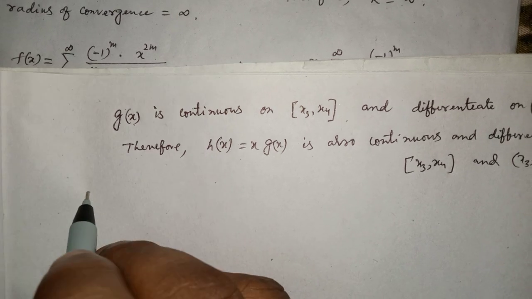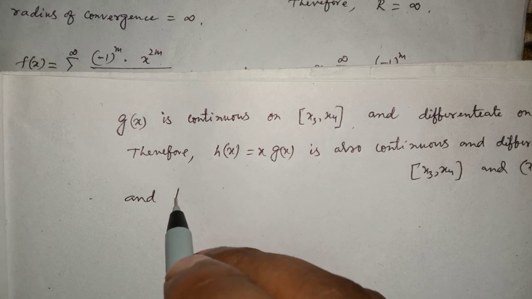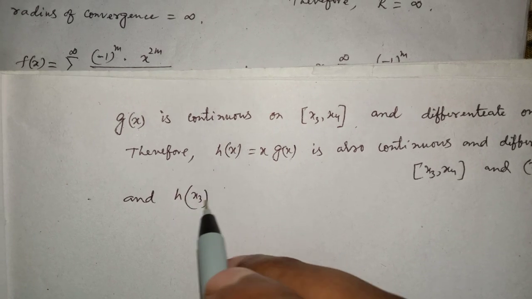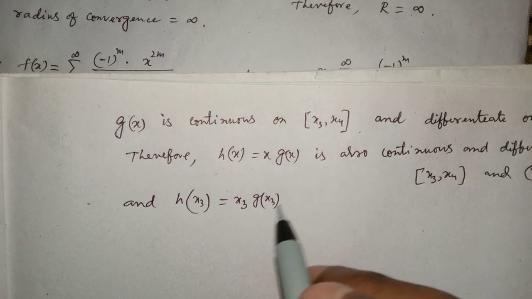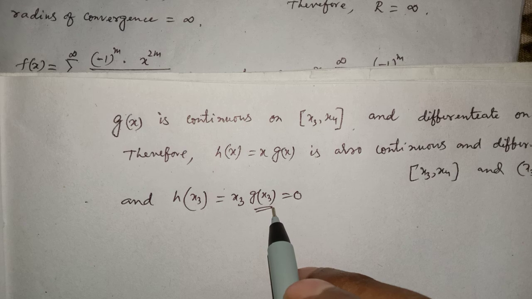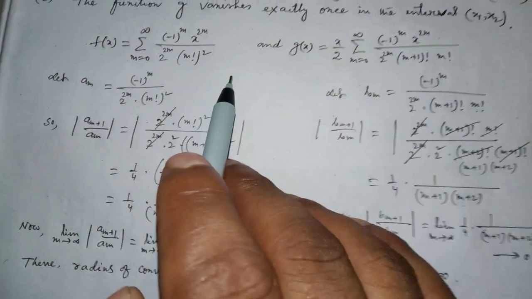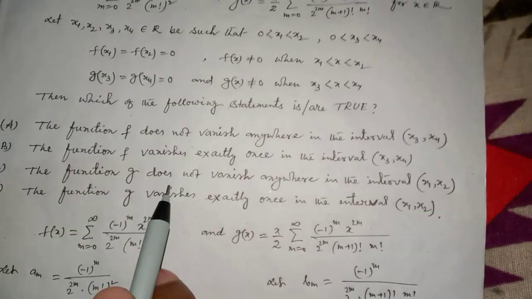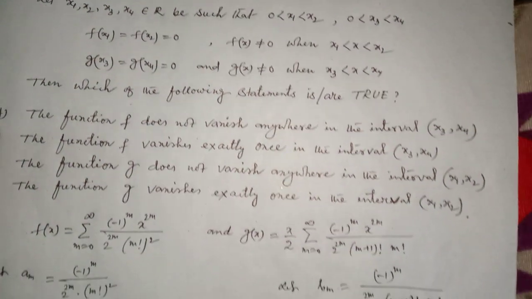Therefore h of x3 is equal to x3 into g of x3, which is equal to 0, because it is given that g of x3 and g of x4 are equal to 0.